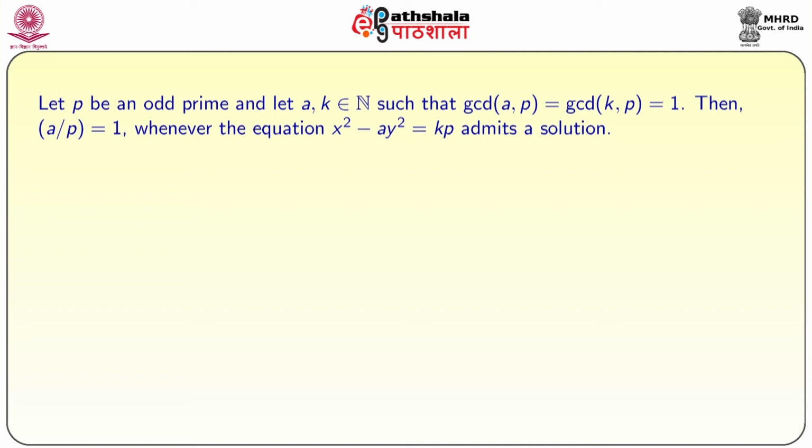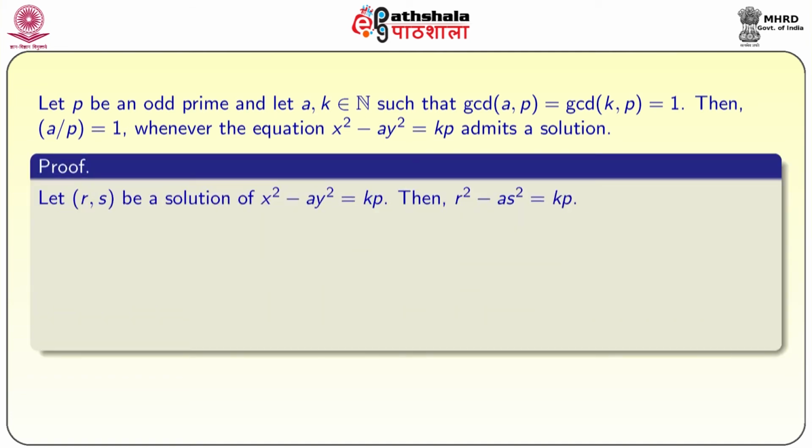It is one of the important properties, establishing that a is a quadratic residue modulo p whenever the equation x square minus a y square equal to k p admits a solution.